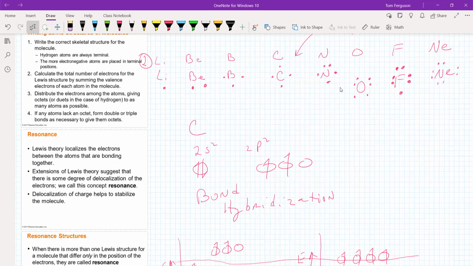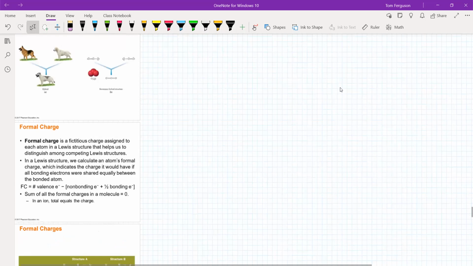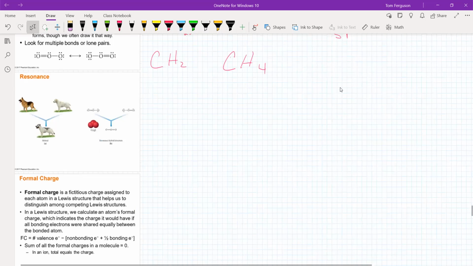Okay, so now the official way to do Lewis diagrams is you count the total number of valence electrons, not core. Valence only.